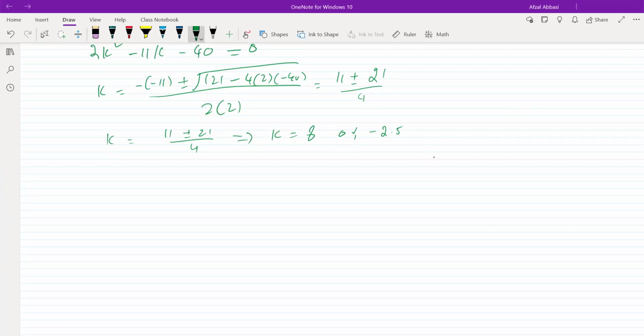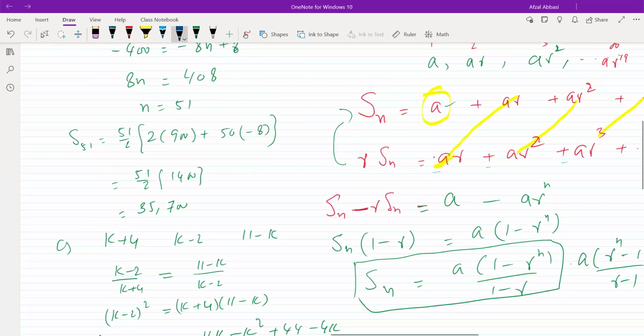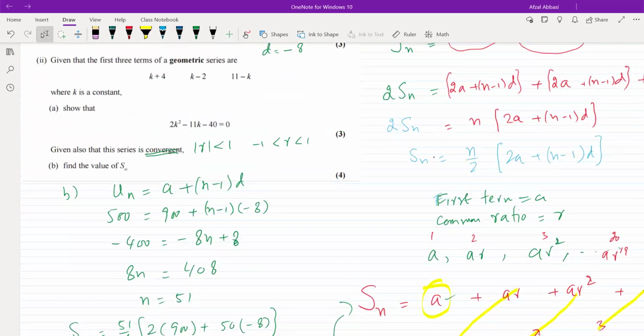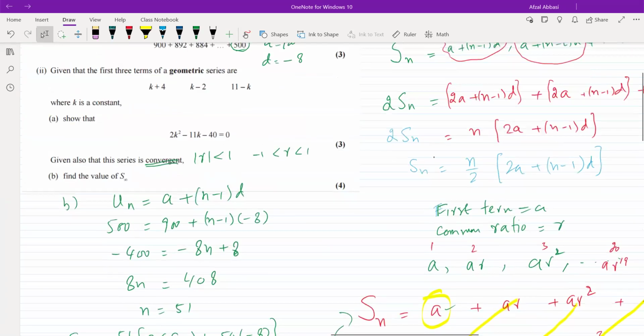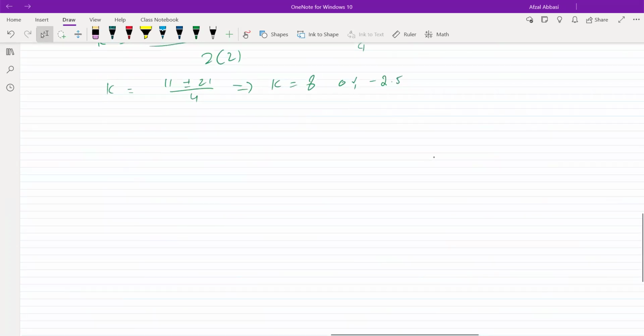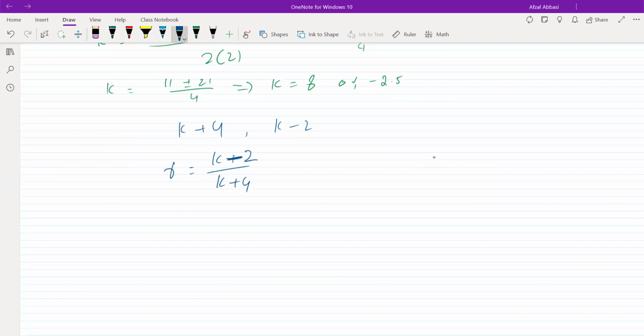So now we can use these values to find the value of r. The series is k plus 4, k minus 2. Let's write only the first two terms. So what will be r? r is k minus 2 over k plus 4.